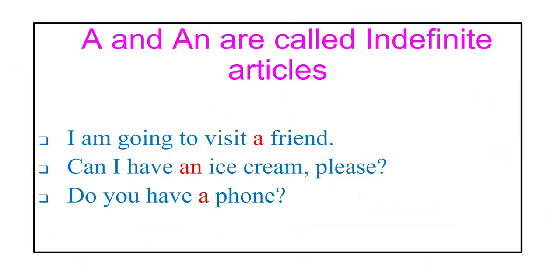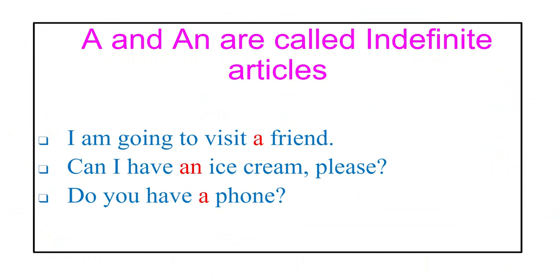Children, you have already studied in your previous classes that a and an are called indefinite articles as they usually refer to one person or thing. We use a and an when we are talking about something that is common and not specific. For example, when I say I am going to visit a friend, it can be any friend.